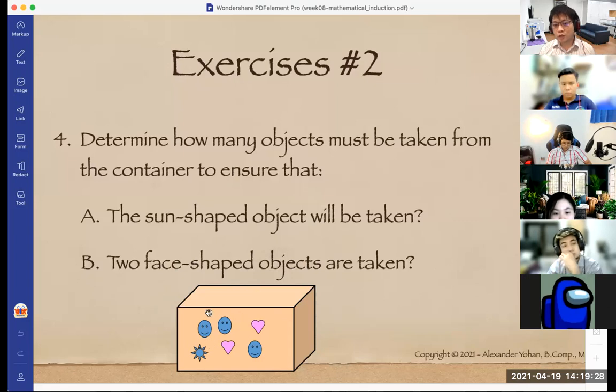The order will be that you must take the sun-shaped object first out from this container, and then afterward, it's up to you whether you want to take heart or face, or maybe heart and face, or face heart face, or maybe face directly. So this is called permutation. You also need to consider the arrangements, the sequence, when you take the objects out or when you do this kind of arrangement.